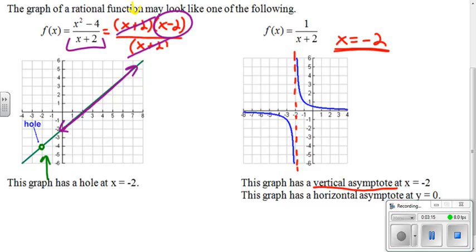Now notice there's also a horizontal asymptote here at y equals 0. And the reason is that if we set f of x equal to 0, 0 equals 1 over x plus 2, this will never happen, because 0 can only occur if 0 is in the numerator and something else is in the denominator.